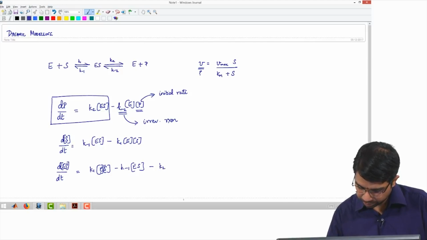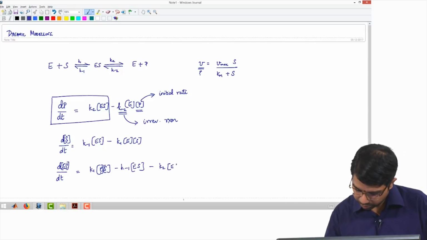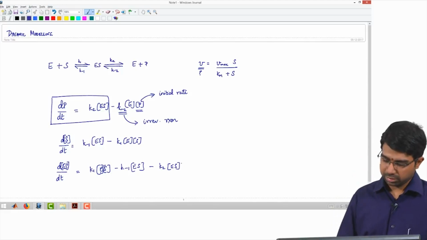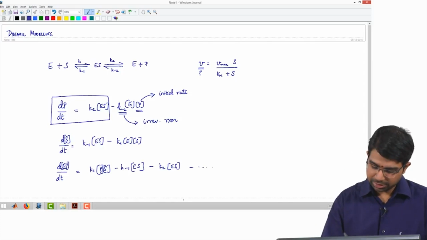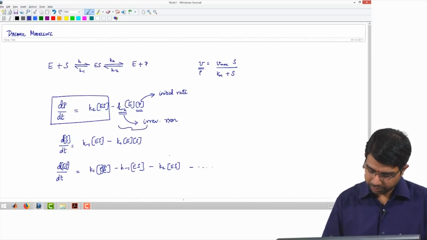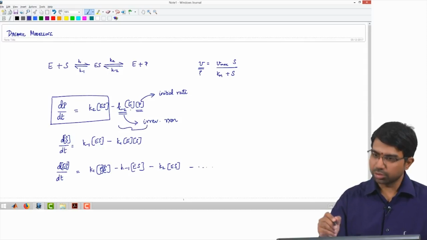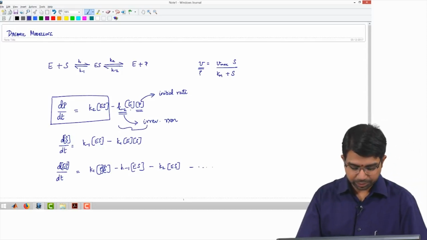minus K2 into ES, actually minus this term as well, but we have already chosen to ignore that term.